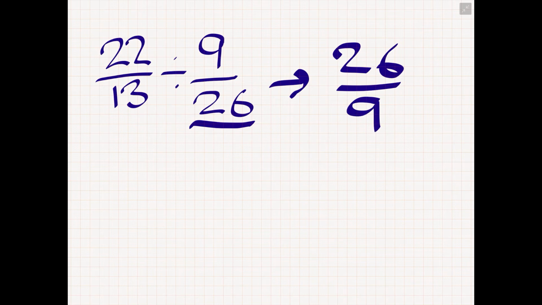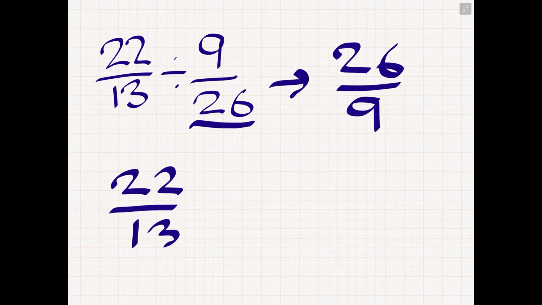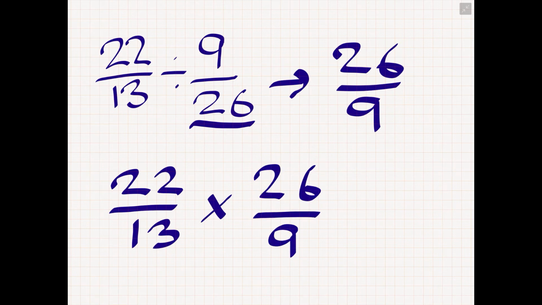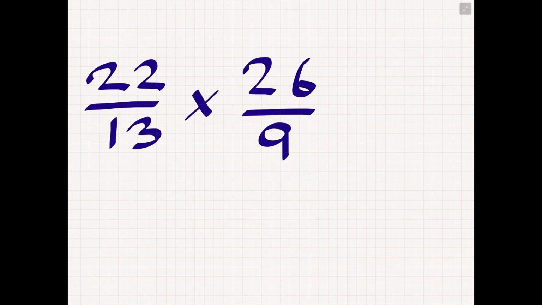And now we take the denominator and we now multiply the numerator, which in this case is 22/13, by this new value. So this gives us 22/13 multiplied by 26/9. And this is exactly the same problem that I demonstrated earlier on, with 5 over 1.